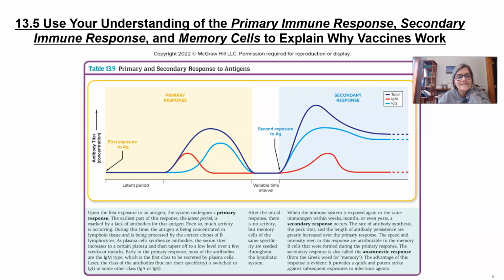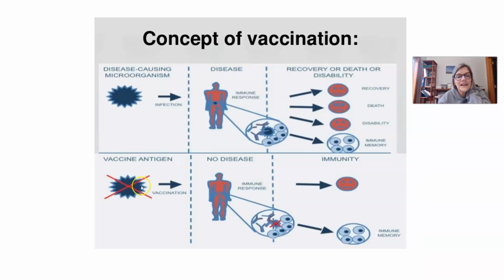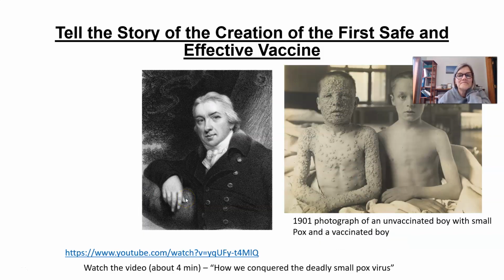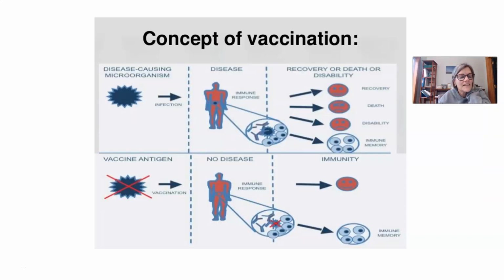Got it? Okay, so vaccine, no getting sick, no feeling lousy, but you do make memory cells. I think I'll stop right there and we'll go on to the next topic in another video.